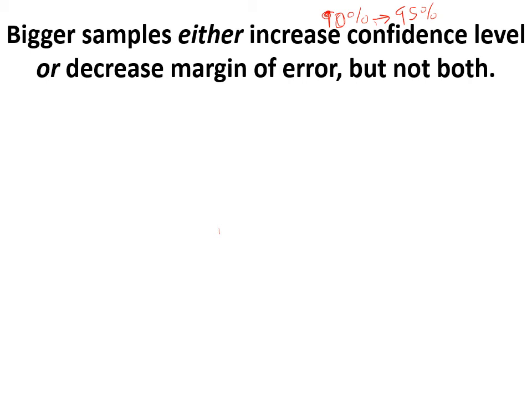So, in the case of where we had our frogs, we had plus or minus 57.5. We could reduce that. If we increased our sample size by 4, I believe that would then improve our margin of error.